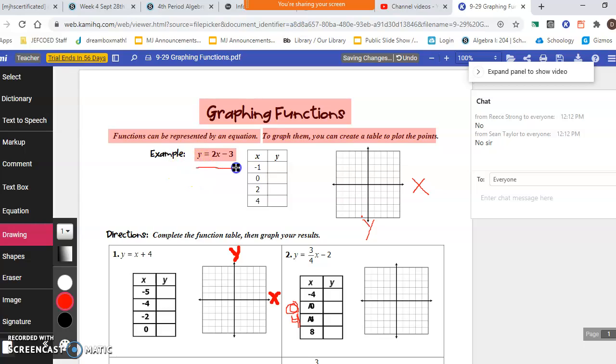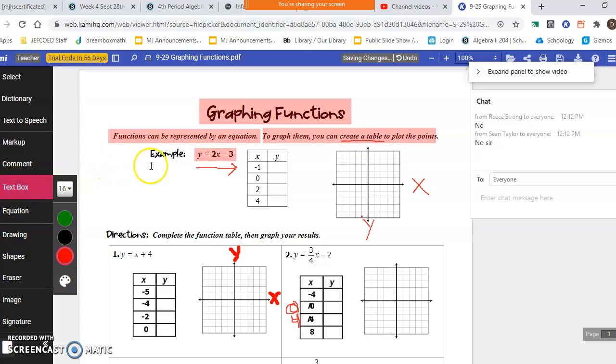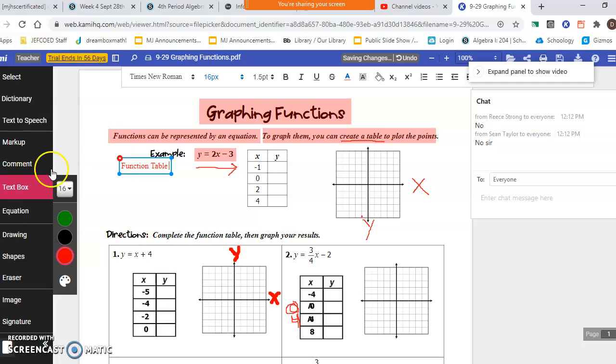This table that you're looking at is what we consider to be a function table, or where it says, like right here, create a table. That's what it's talking about, okay? So this right there is a function table, okay?